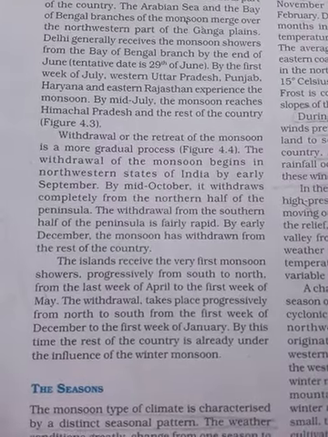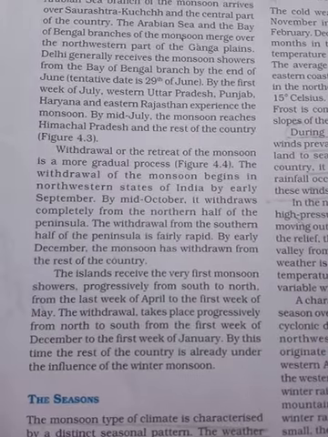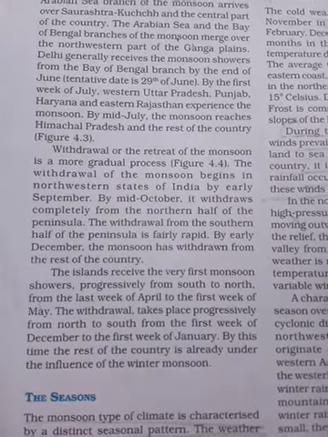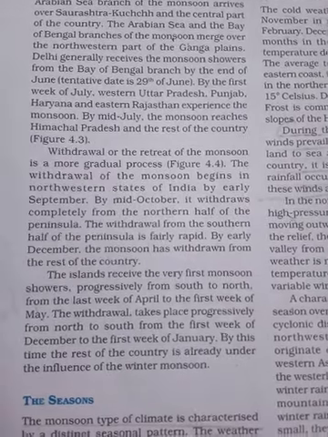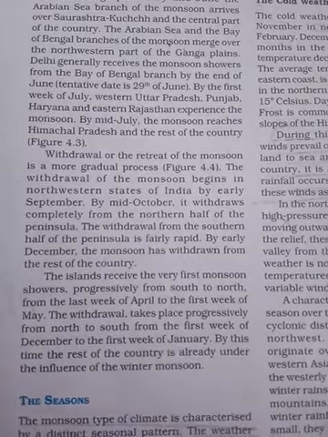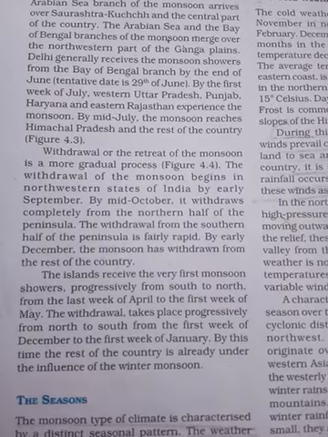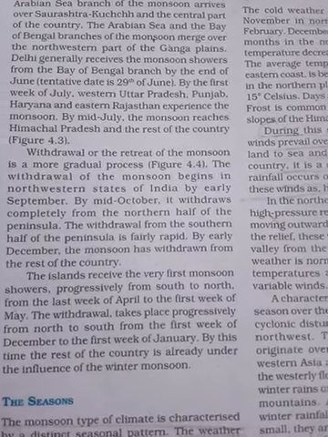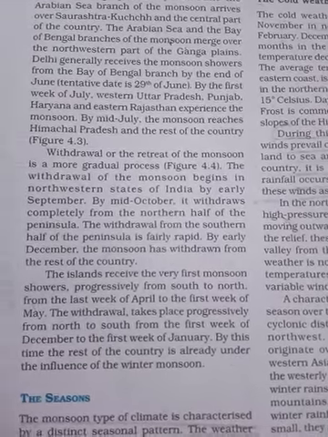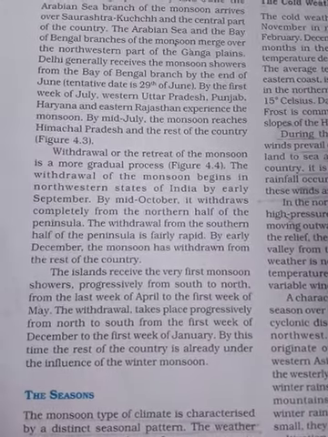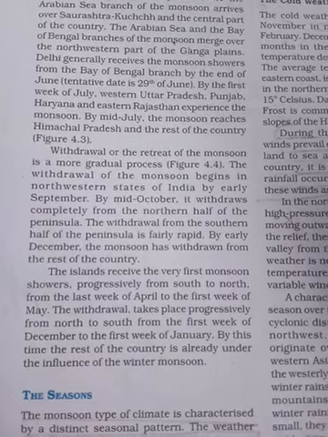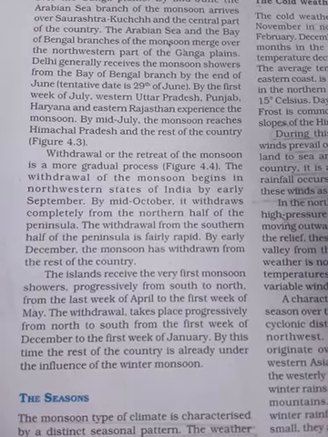After the advancing monsoon, by mid September, it starts retreating, beginning from the northwestern states of India. By mid October, it withdraws completely.